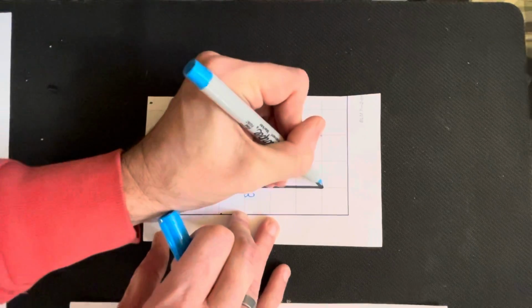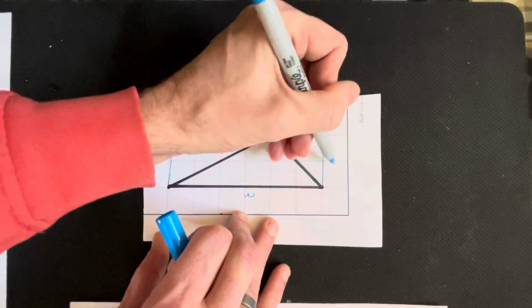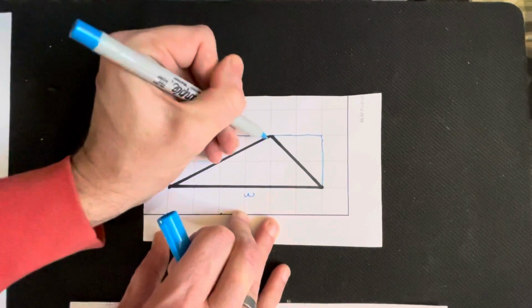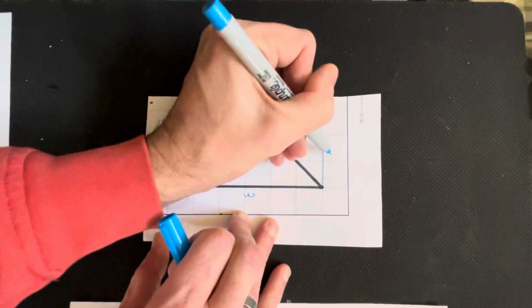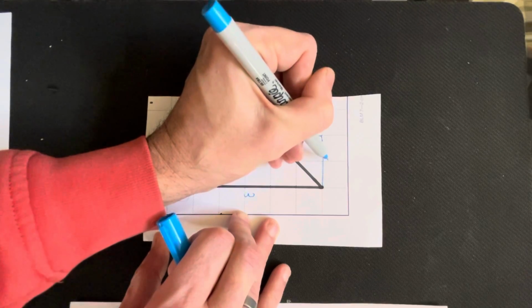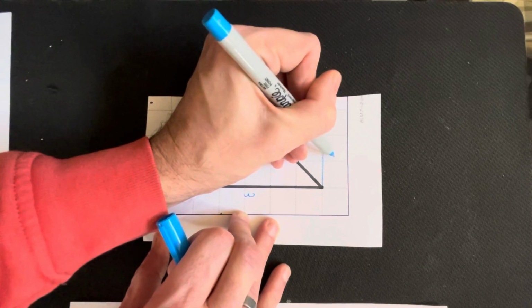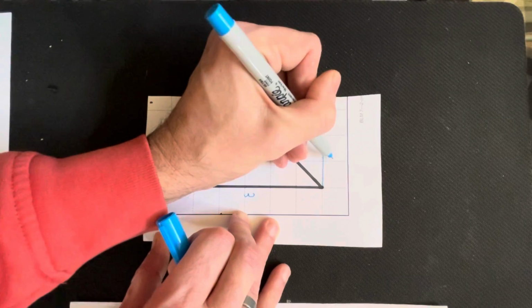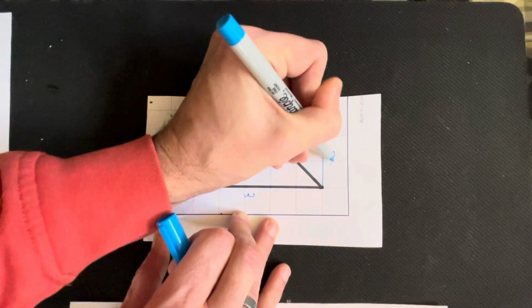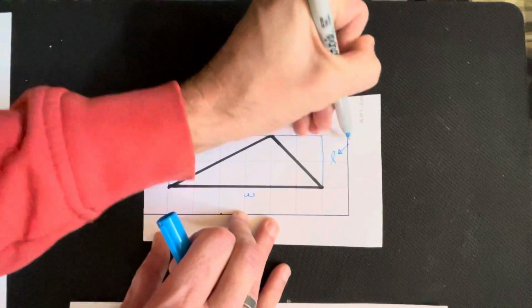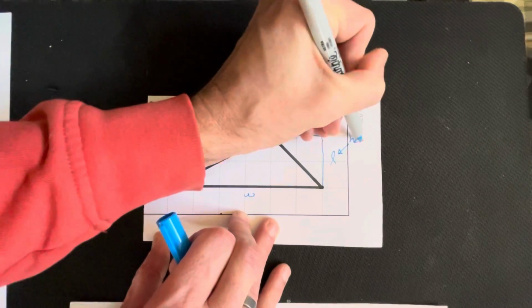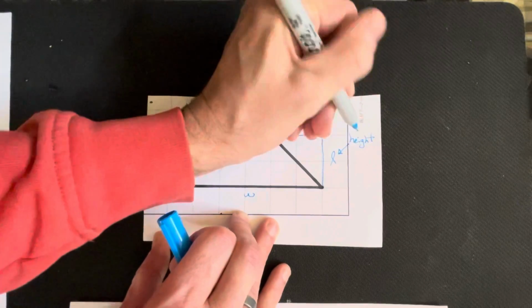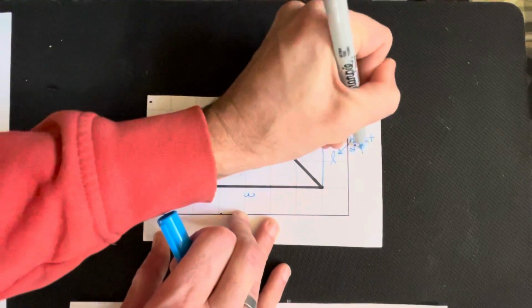And notice in this case here, it's not length times width, it's this height times width. So I'll call it length, but also note here that this is the height of the triangle.